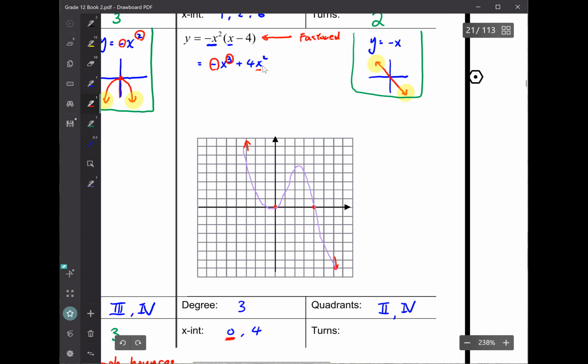The factored one has 2 parts. I'm using the green circle. One is the x squared, the other one has the x minus 4. So how do you tell which one is the double root? Cindy, you said it's 0 because?